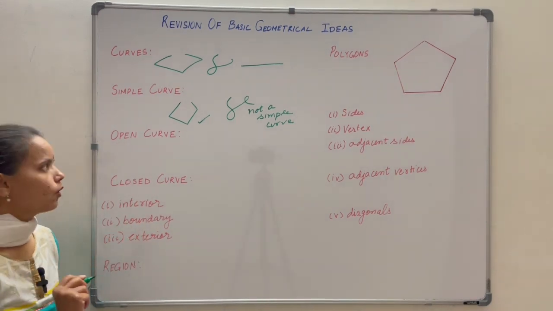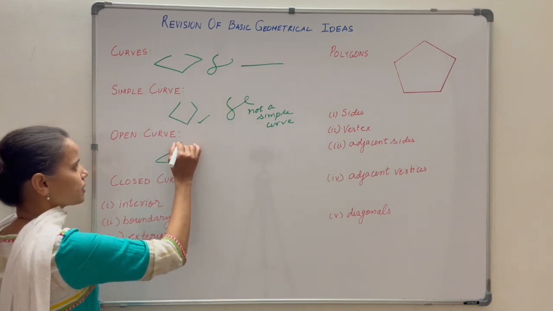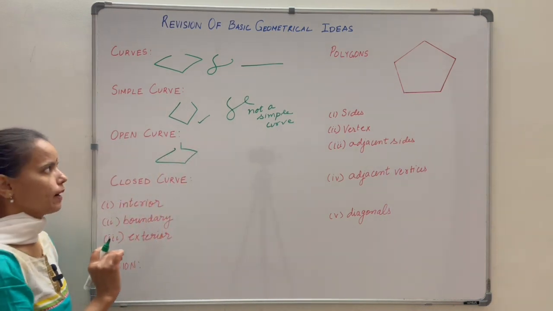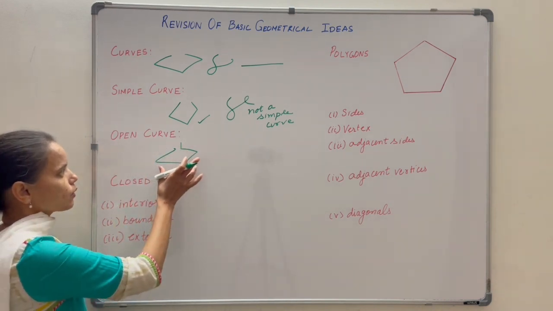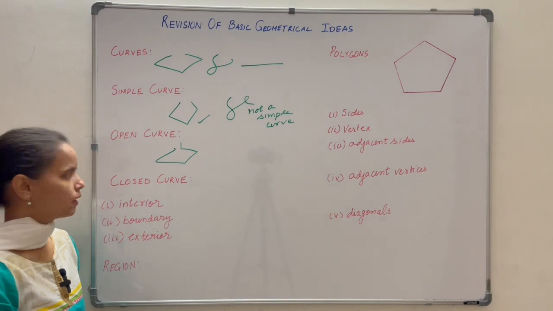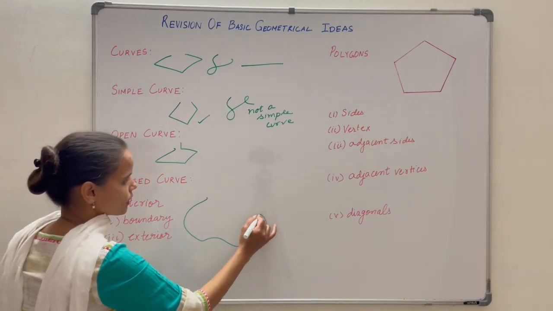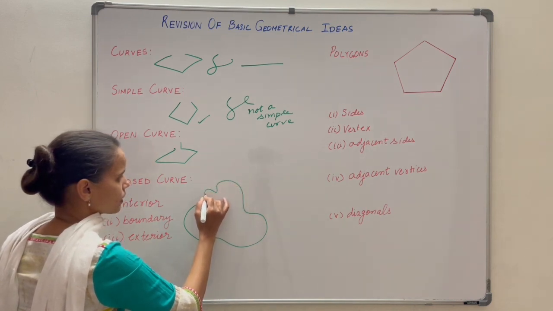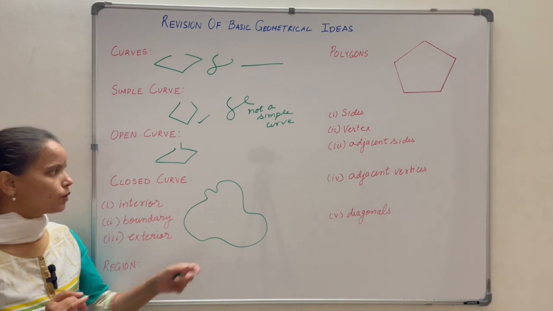Open curve. An open curve is a curve where the starting and end points do not overlap. You can see it is open from this side. So this is called an open curve. Closed curve. In a closed curve, the starting point and the ending point overlap. So this is a closed curve.